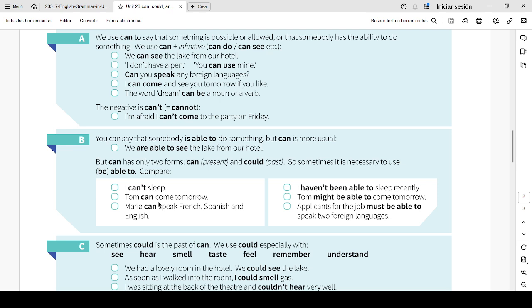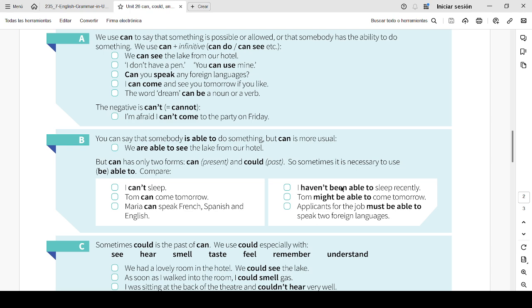We can use it for the future as well, but we can't use can to express something that happened up to now. I'm going to show you an example in this unit.